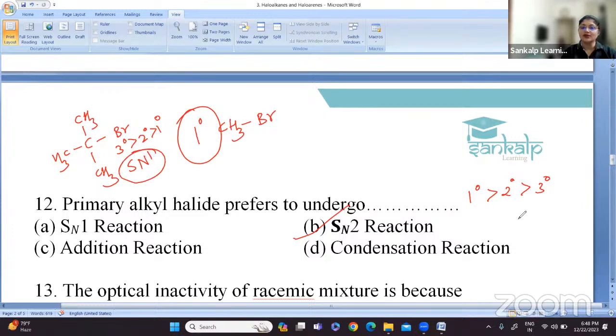And primary alkyl halides will undergo the SN2 mechanism. So which is the correct answer? It is option B.